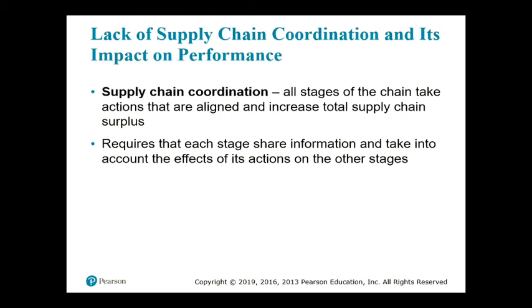So in order to achieve coordination, we have to make sure that the stages are communicating and sharing information, and also considering how their actions affect other companies in the supply chain. And this is not easy, of course. For example, Ford Company, in terms of their first tier suppliers alone, has over 1,000 suppliers.